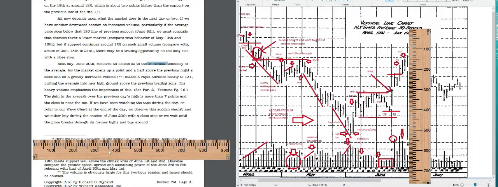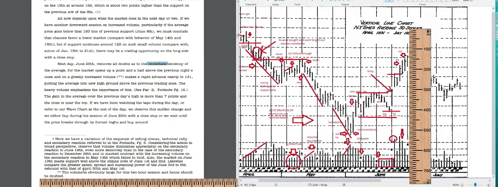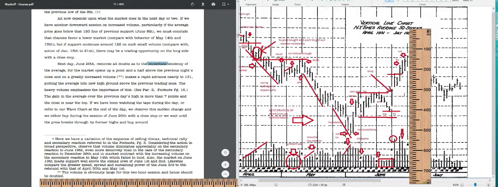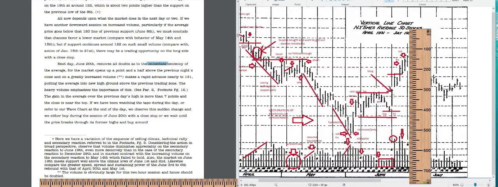Before I go any further, let's go over here. The volume is obviously large for this 2-hour session and hence should be doubled. He does all this doubling, all right? So that's how he deals with low volume days. In Wyckoff's time, I think it was Saturday when the market was open, he used to double the volume. I don't know why, but it's probably to make it a good relative comparison. It's like day volume versus night volume. You cannot compare the two.